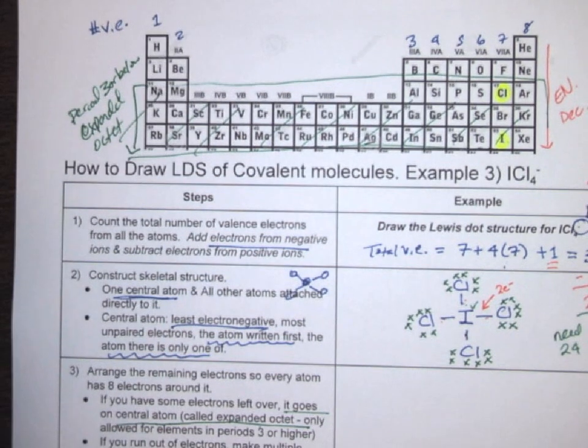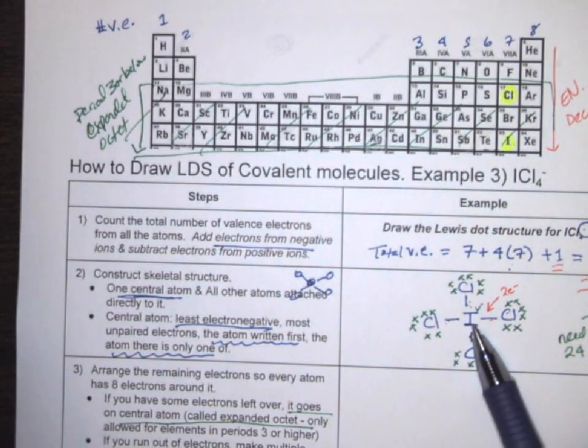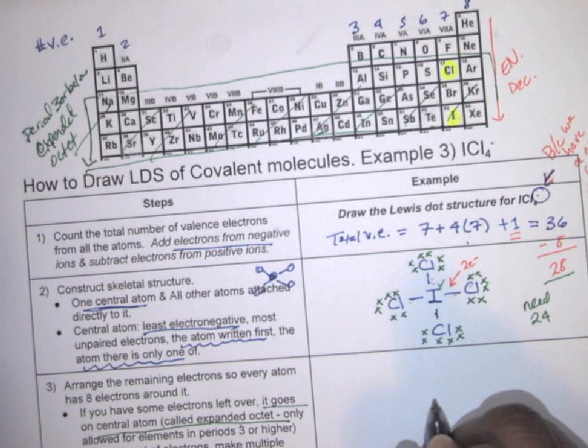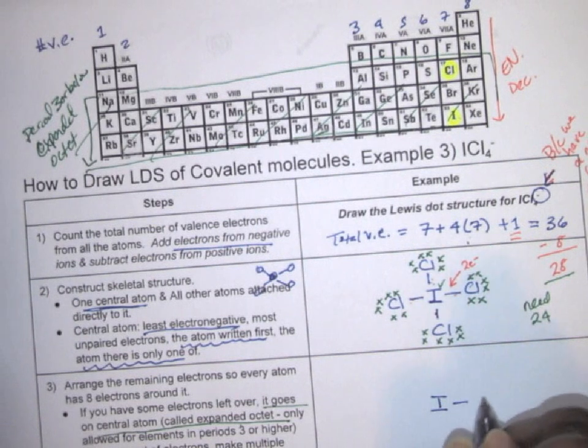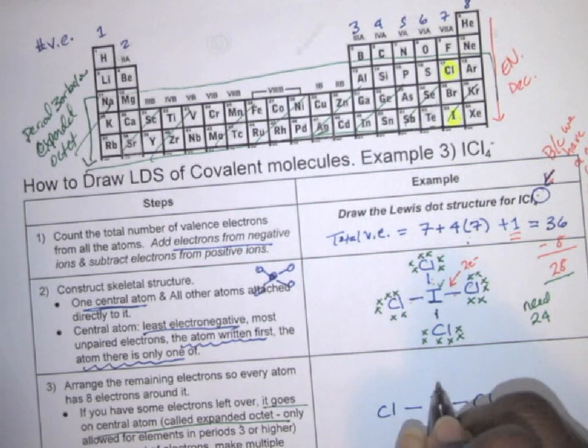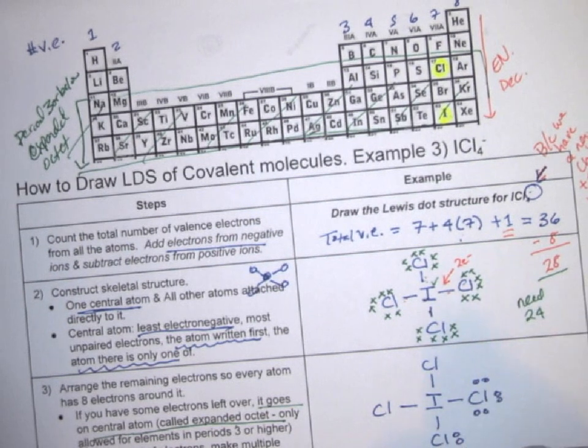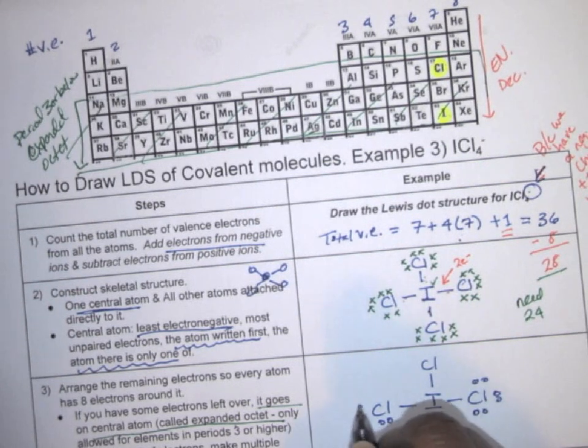All right, so in our case, for this iodine, it doesn't need to expand up to 18. We're just going to add the extra 4 on it. So I'm going to redraw this structure here. I got iodine, I got my chlorines attached to it. Each chlorine is going to be good with 6 electrons around it, or 3 lone pairs, and a bond.